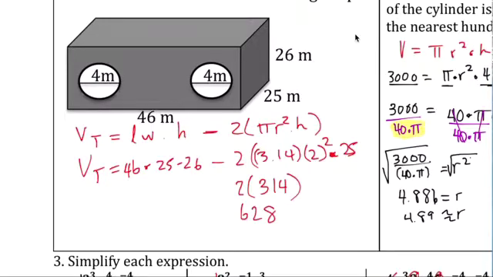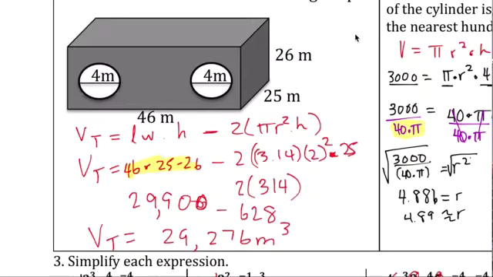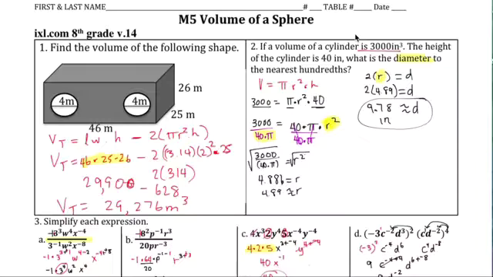Multiply all these together, right here, we get 29,900, oops, sorry, 29900 minus that from there. Total volume is equal to 29,276 meters cubed. All right, my internet did not go down, so I am done.